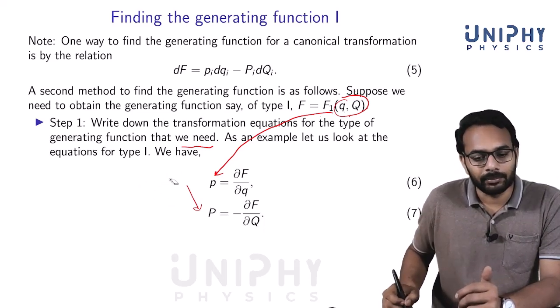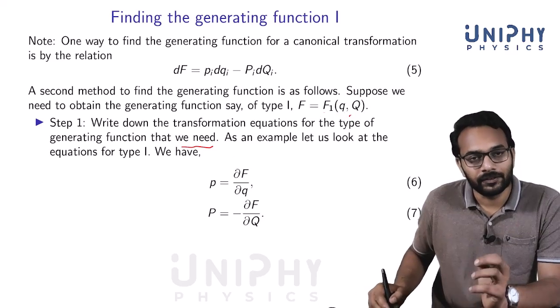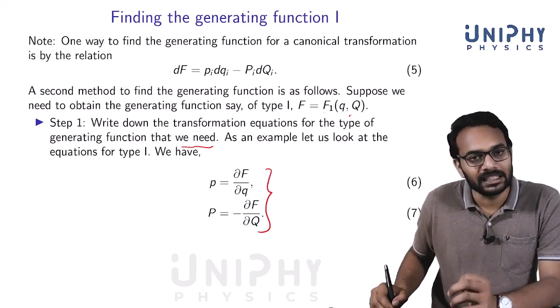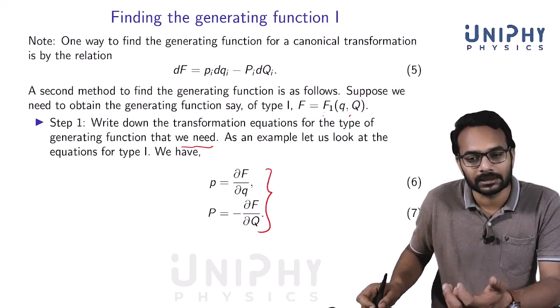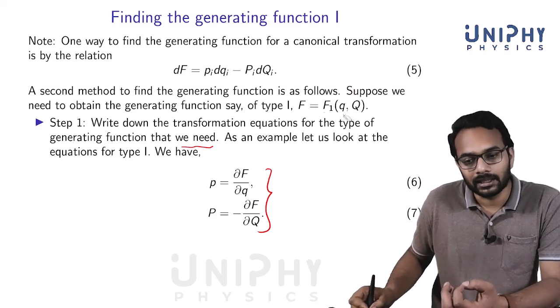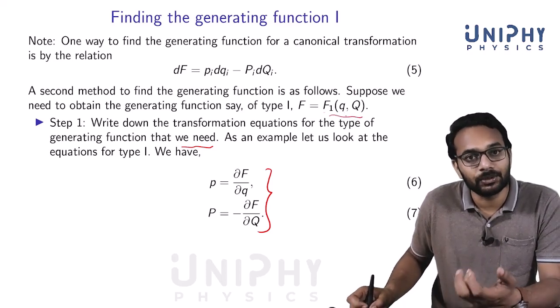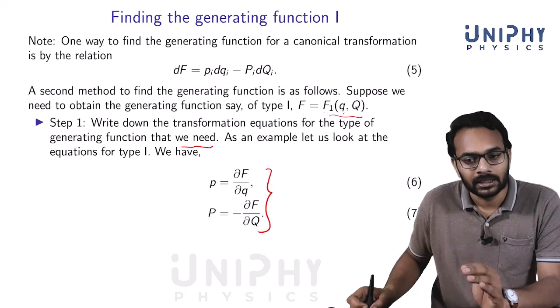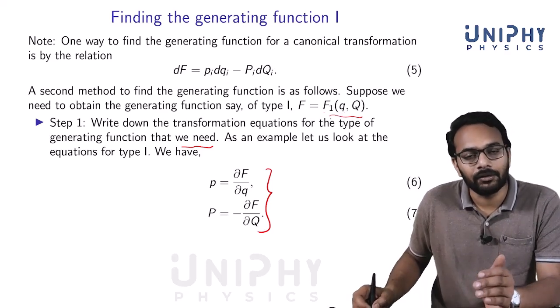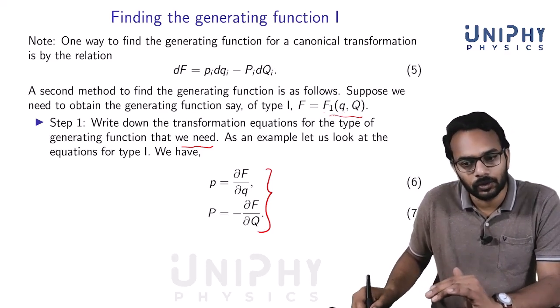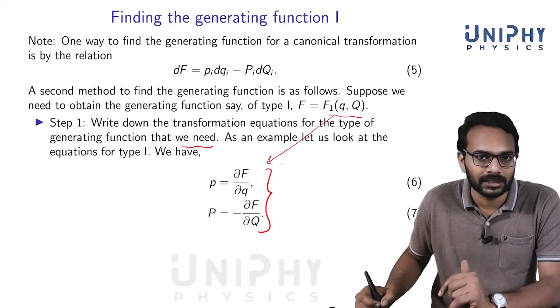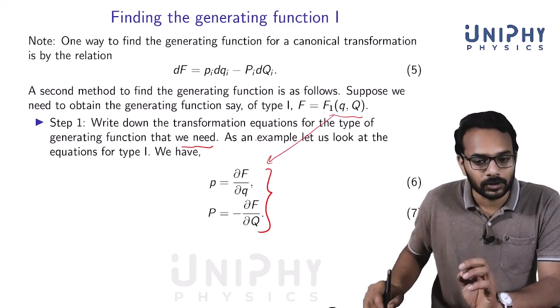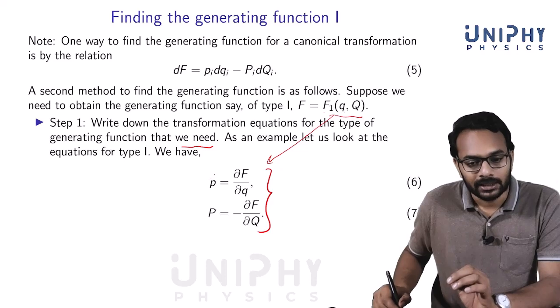I'll repeat these steps. The first step is to write the transformation equations corresponding to the given type of generating function that you need to find. Suppose they ask you to find F1 of small q comma capital Q. Immediately you write down the transformation equations. That's not all. The next step is to write small p.